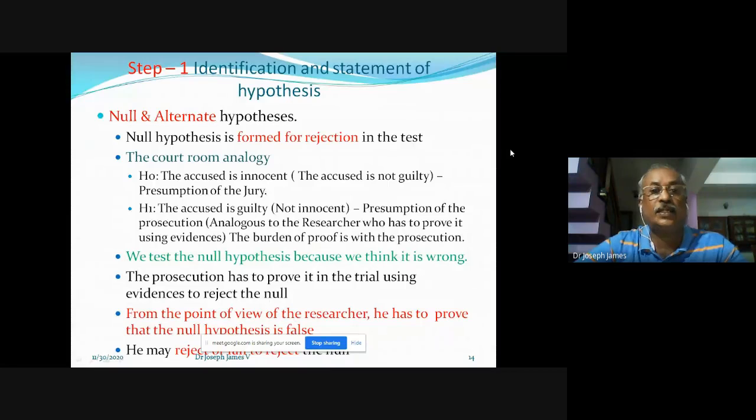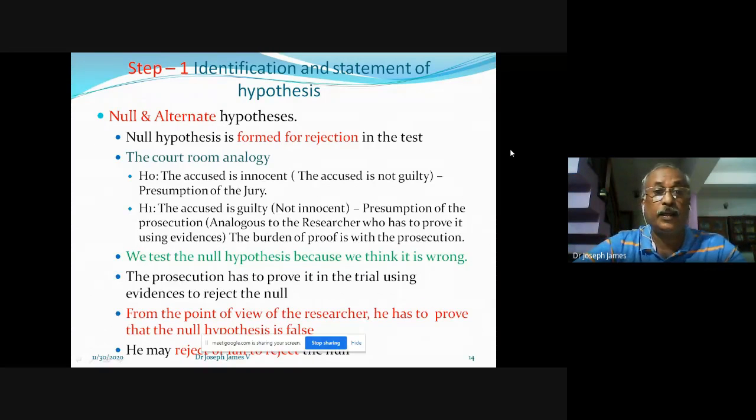The researcher wants to prove that the alternate one is true and not the null hypothesis. All the tests are designed to disprove this, that is, to reject the null hypothesis. The researcher always tries to reject the null hypothesis.